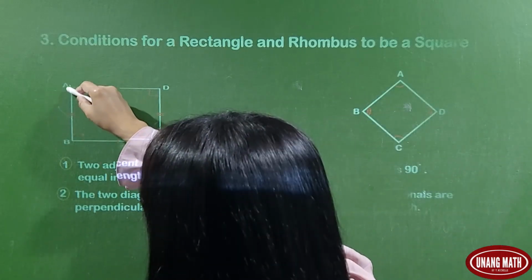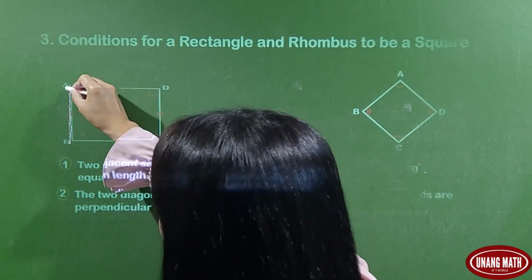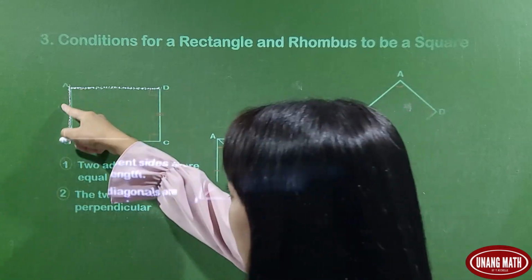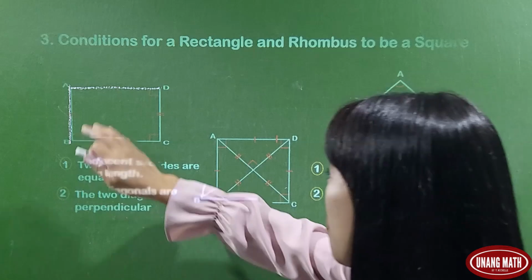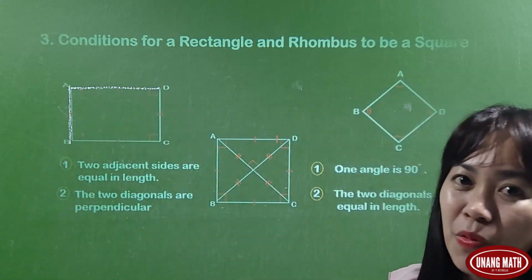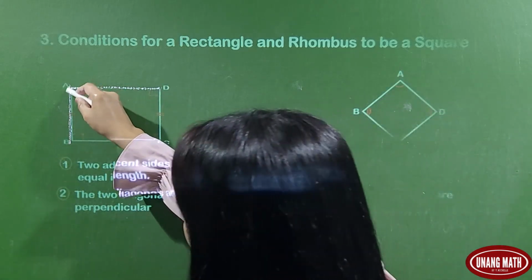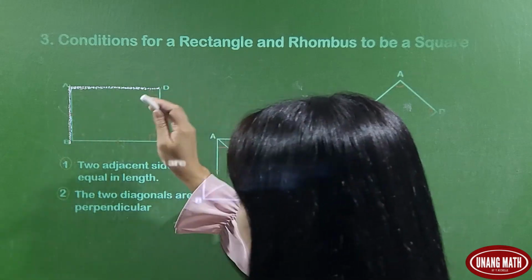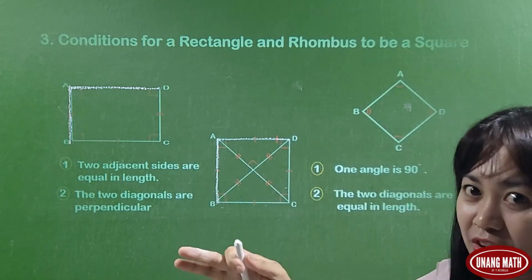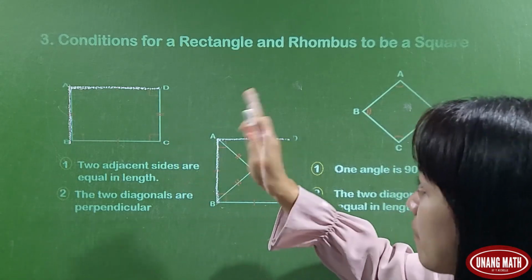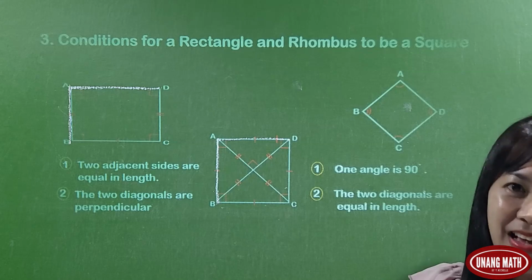We know that in a rectangle, these two adjacent sides are not equal in length. So to make this a square, we have to make these two adjacent sides equal in length.